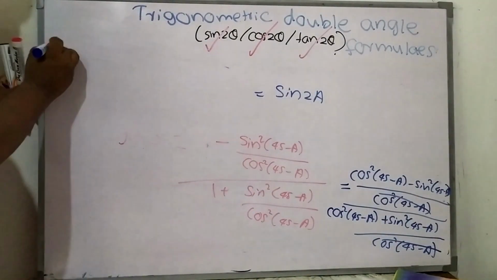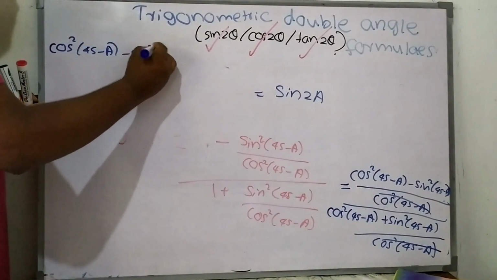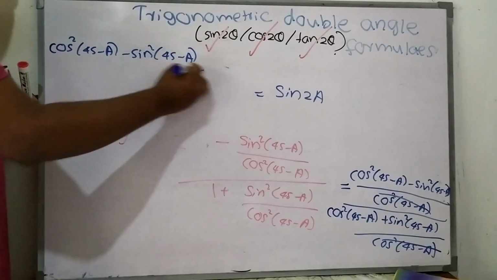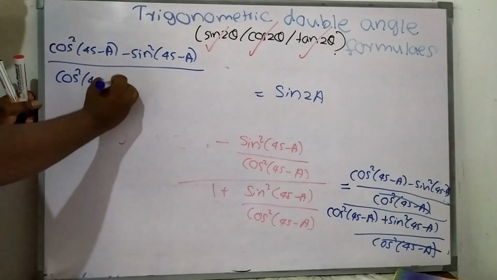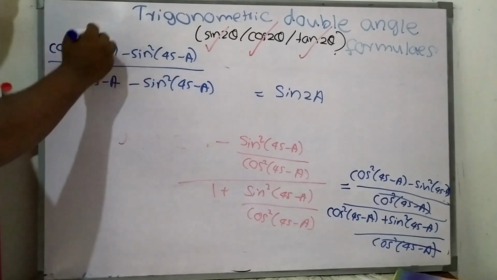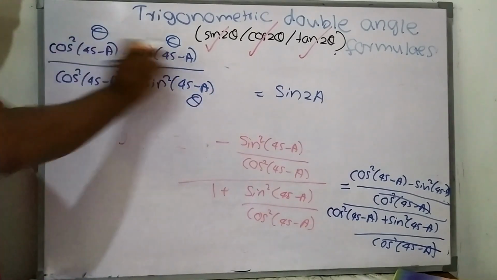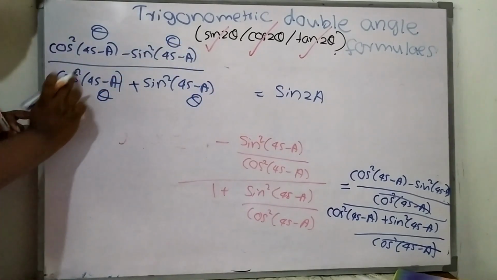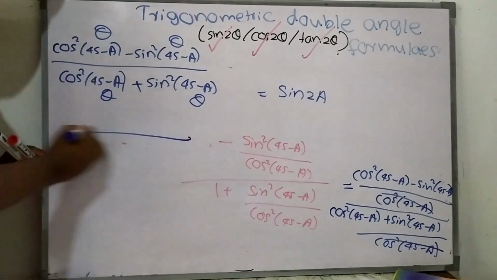Then the remaining one is cos squared (45 minus A) minus sin squared (45 minus A), divided by cos squared (45 minus A) plus sin squared (45 minus A). Just assume 45 minus A as theta. So what is this? Cos squared theta plus sin squared theta is 1, so the denominator will be 1.